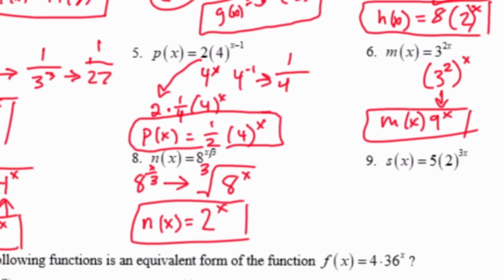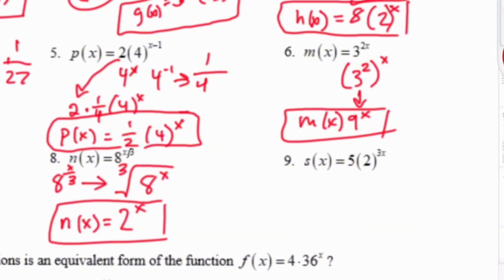Now number 9, it has quite a mix of everything. So we ignore the 5 for now. Number 2, so we can do this, 2 to the power of 3, keep that x on the outside, times 5. So 2 to the power of 3 is equal to 8 to the x, times 5. There's no number, so we have that, times 5.